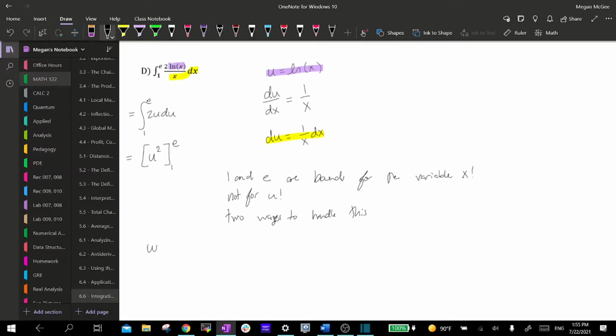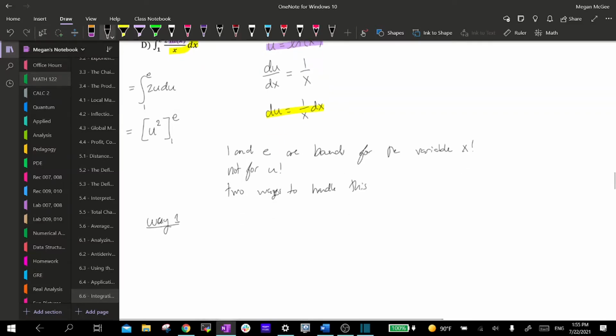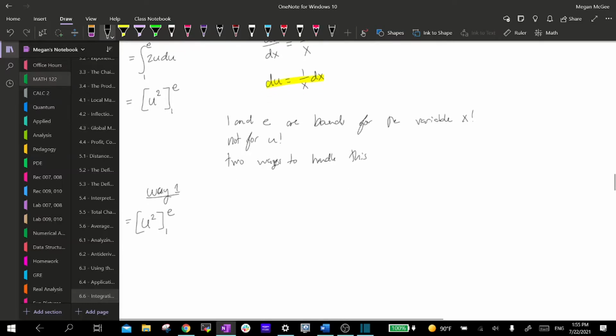So let's look at way one, so the first way. All right, so we still have our u squared from 1 up to e. The first way is simply leave the bounds how they are and do your back substitution, so back sub, before plugging in your bounds. So we said u was equal to the natural log of x.